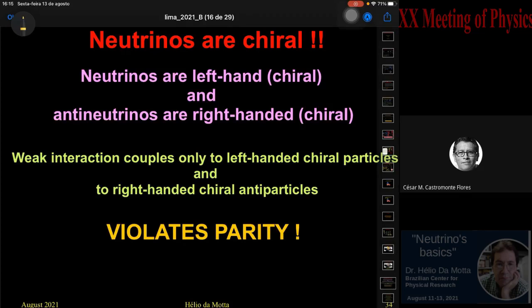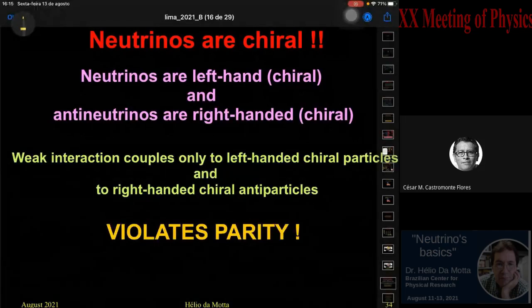But the weak interaction does not care for right-handed particles. So if there is a right-handed neutrino, it doesn't interact. That we could call a sterile neutrino, a neutrino that does not interact. If it does not interact, it may be hard to see, because it's a little bit strange to think that there is no right-handed neutrino.